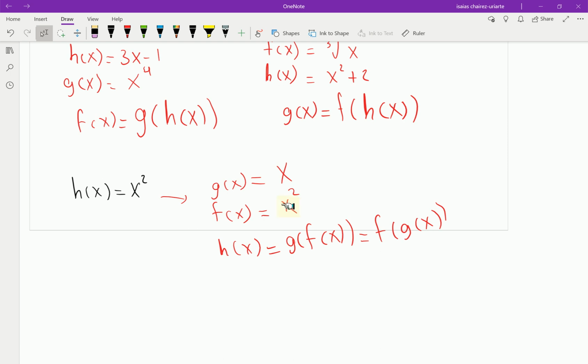I could plug f into g and get what I started with, or I could plug g into f and also get what I started with. I hope that you agree with that, because it's true. So sometimes decomposing functions is kind of trivial. It just comes down to the identity function x and the function itself.